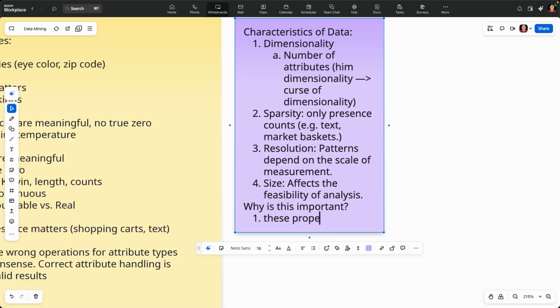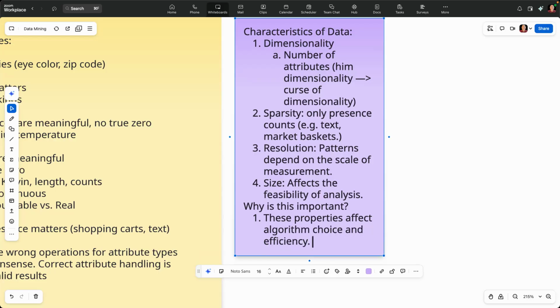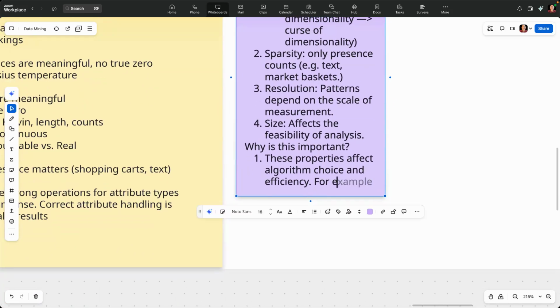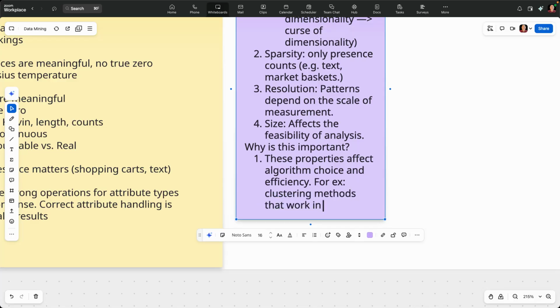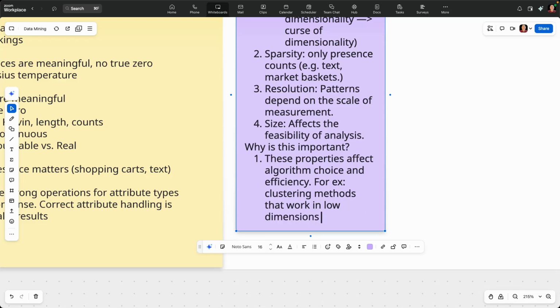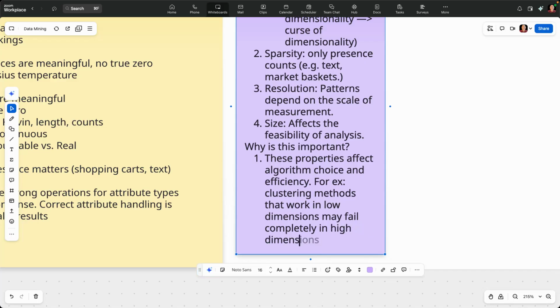These properties affect algorithm choice and efficiency. For example, clustering methods that work in low dimensions may fail completely in high dimensional sparse data.